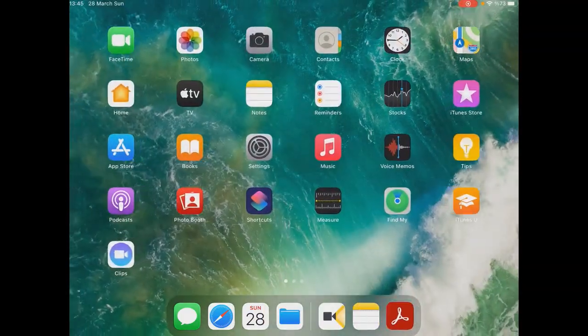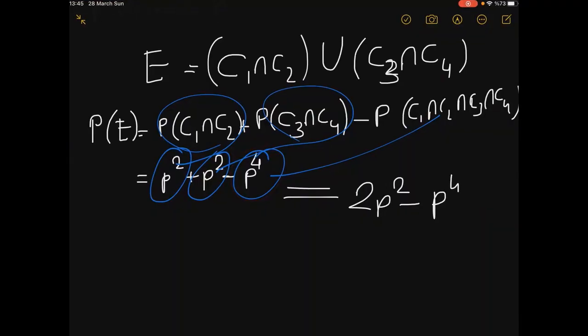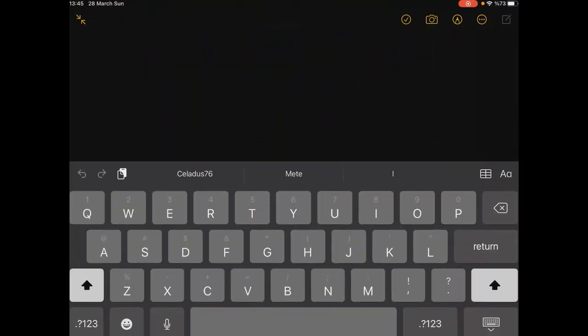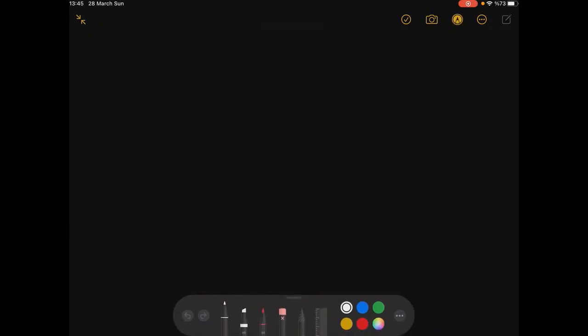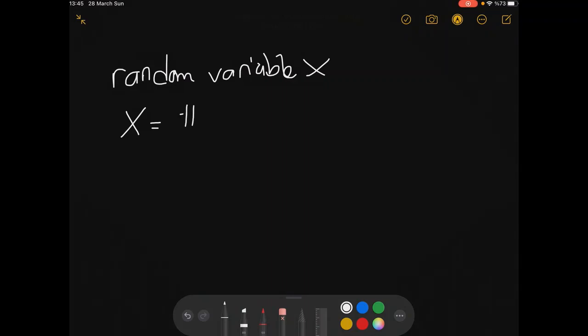Now let me try to show you this on the board so that you can have a brief idea about it. So suppose that you have your random variable X here, and suppose that your X is the number of heads in 2 coin tosses.